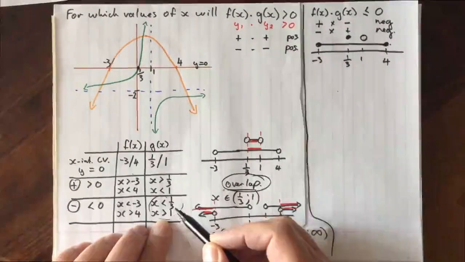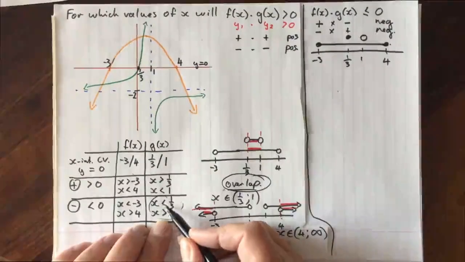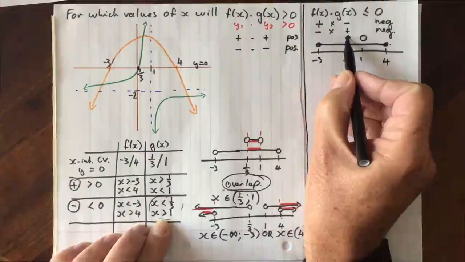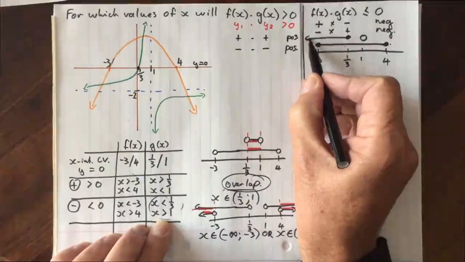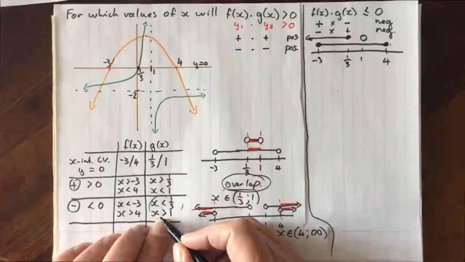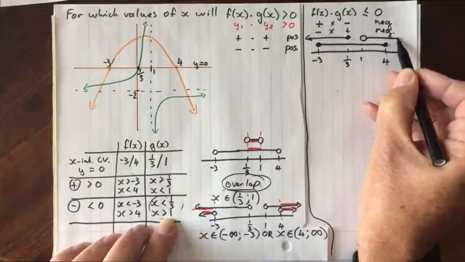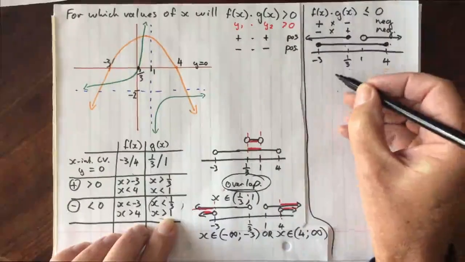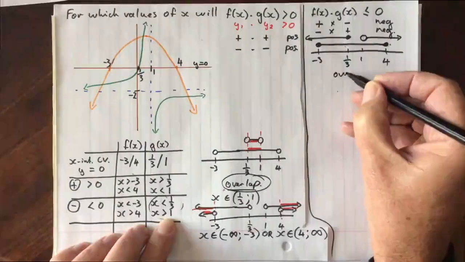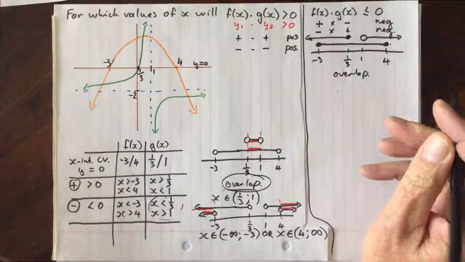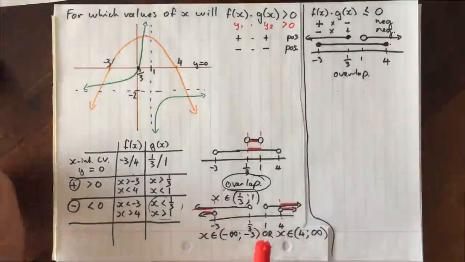Okay, so it will be x less than a third, so we're going in that direction, and x greater than 1, then we go that direction. Remember, we're looking for an overlap on our number line. So let's see where there's an overlap.